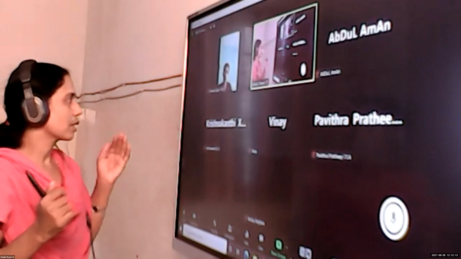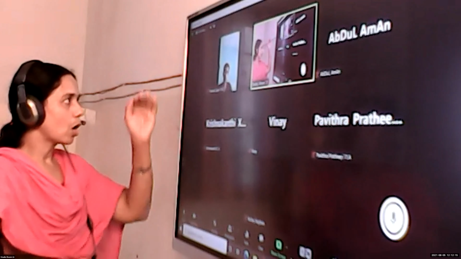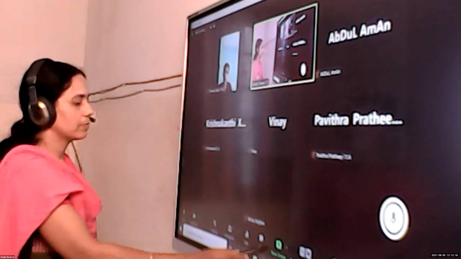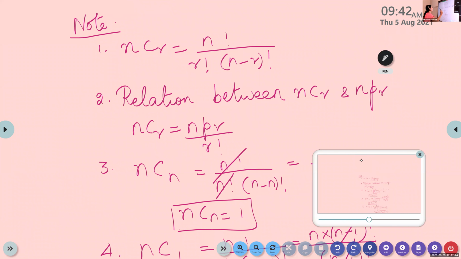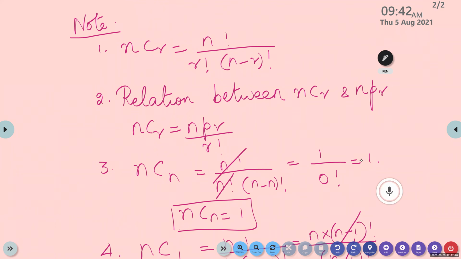Krishna Kanti, read all the properties we have written from the beginning. Ma'am, nCr is equal to n factorial by r factorial into n minus r factorial.